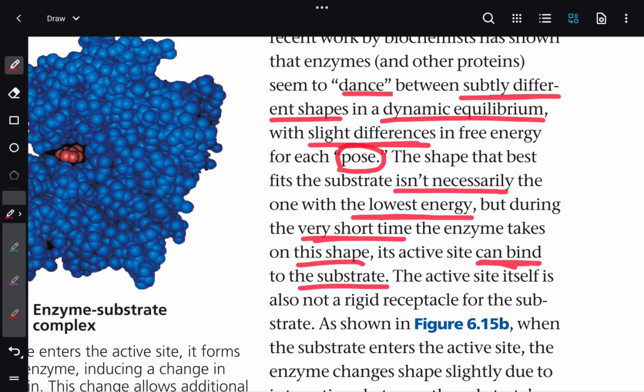And that doesn't necessarily mean this is the idea of the lowest energy, meaning the least amount of energy needed.